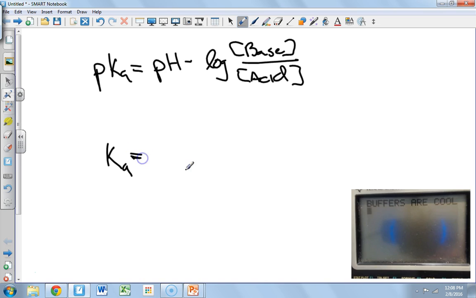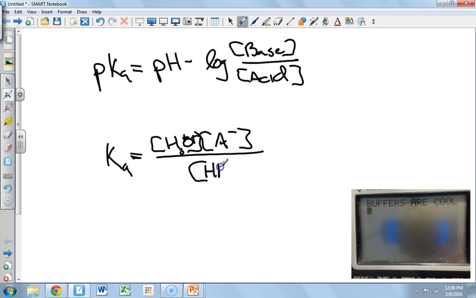So I get this plus the concentration of the hydrogen ion, which we know is hydronium ion, times the A minus over the concentration of HA. So this is just a rewrite of the equilibrium constant.